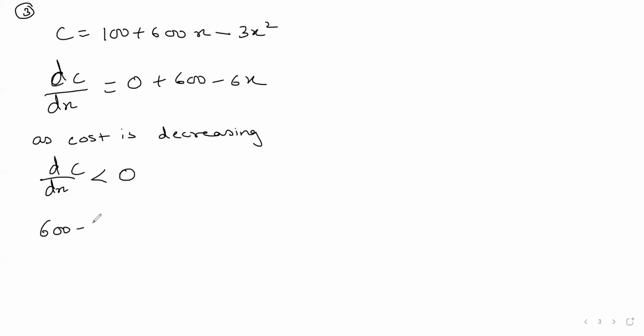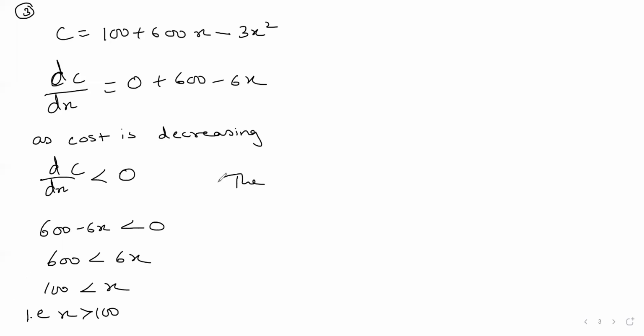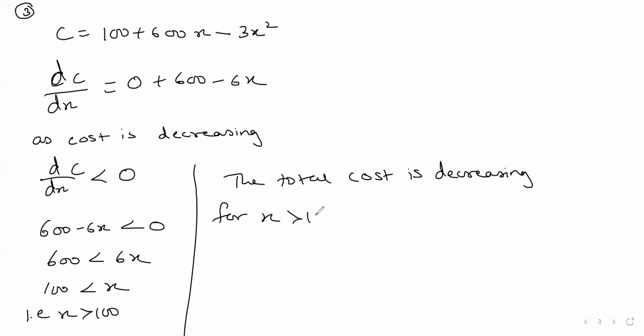So 600 - 6x should be less than 0. 600 should be less than 6x, so 100 should be less than x. That is, x should be greater than 100. So the total cost is decreasing for x greater than 100.